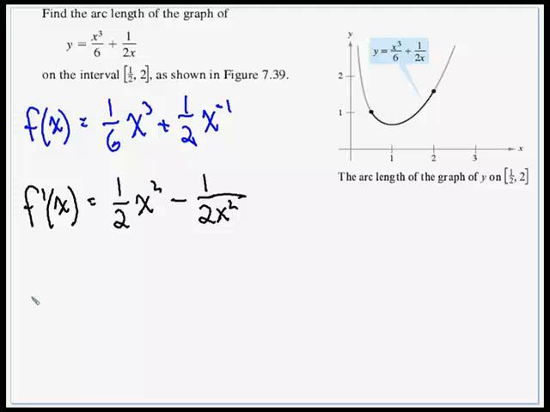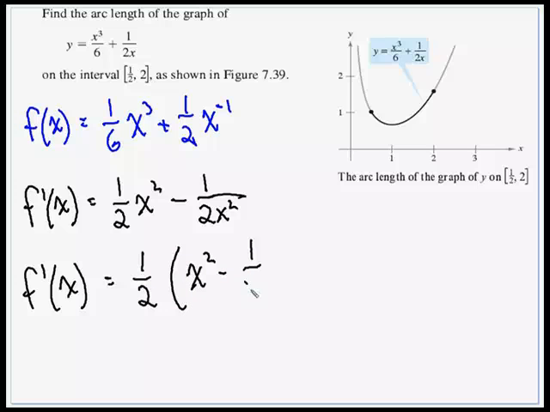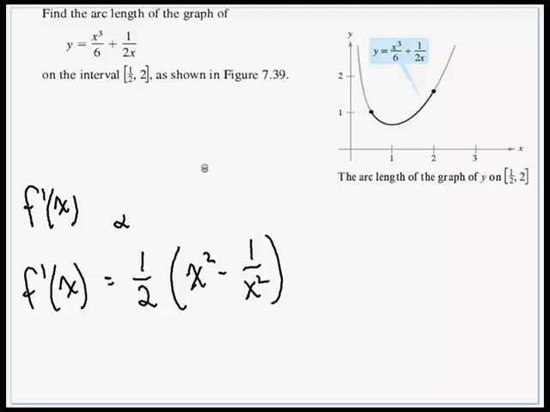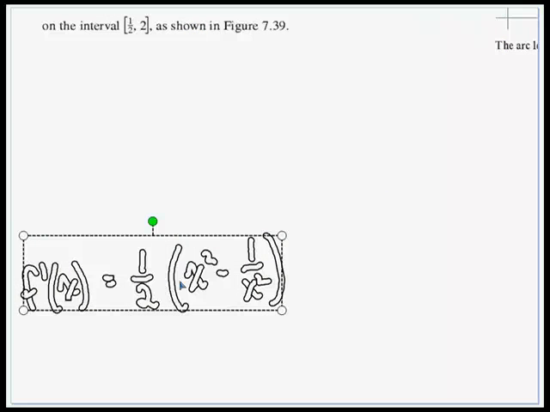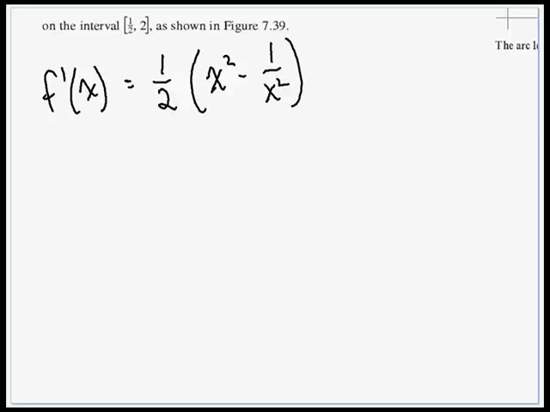And from here I'm going to factor out a 1/2. F prime of x is 1/2 times the quantity x squared minus 1 over x squared. So there's my derivative. I'm going to move it up here. We will need that shortly when we start plugging into our new formula.